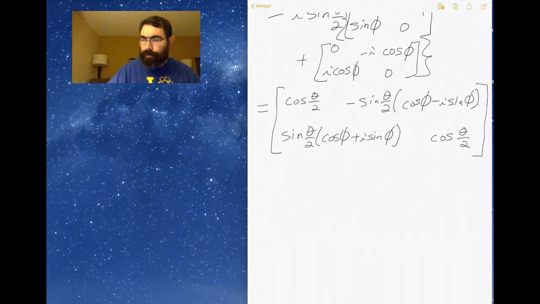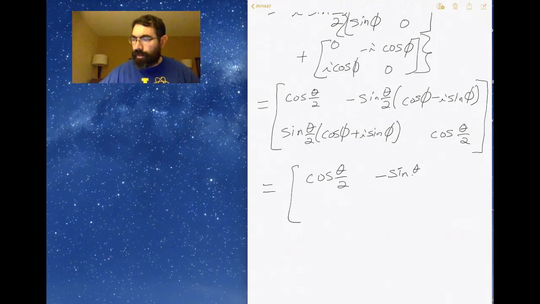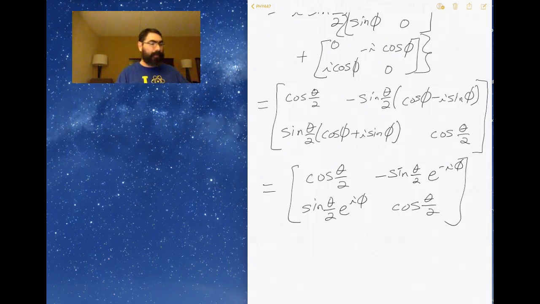Okay, if I use the Euler equation, then I get cosine theta over 2, minus sine theta over 2 e to the minus i phi, positive sine theta over 2 e to the i phi, cosine theta over 2, which is the form that we got before by solving n dot S, where we already had a predefined definition of S. So in this case, we get the exact same form, except instead of theta, we have theta over 2.